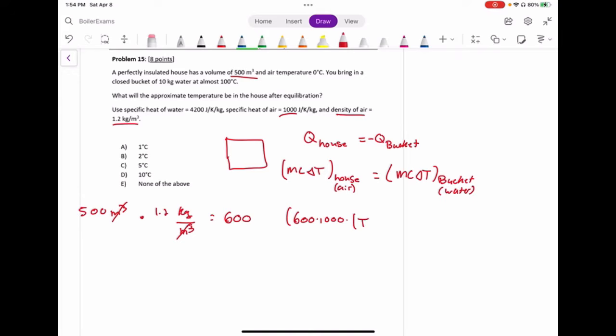And again, here's our constraint to the problem: they have the same final temperature. So when we do delta T, T final minus Ti, we're going to use the same T for the bucket and the house.